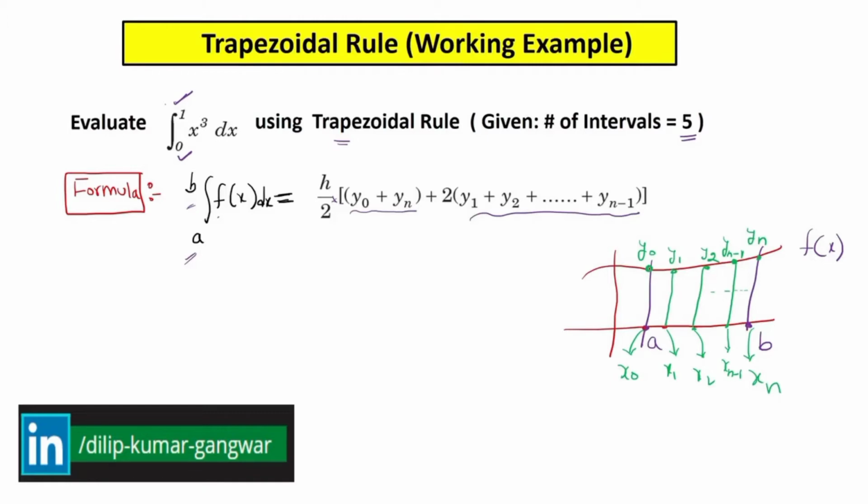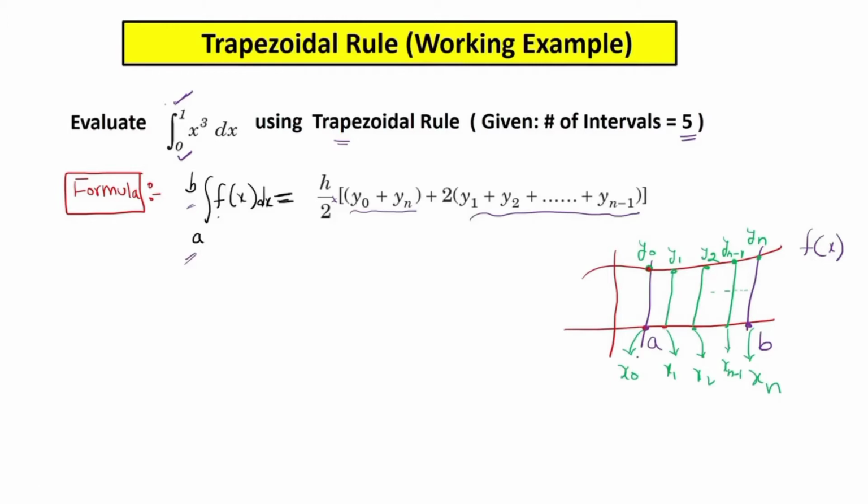The values of the f(x) function at these points are called y0, y1, y2 and so on till yn. So these y0 to yn values we have to use in our formula, and we have to use h also. That means to find the integration between a and b, we have to find these values of y and the value of h. So let's see how we will proceed with the trapezoidal rule.